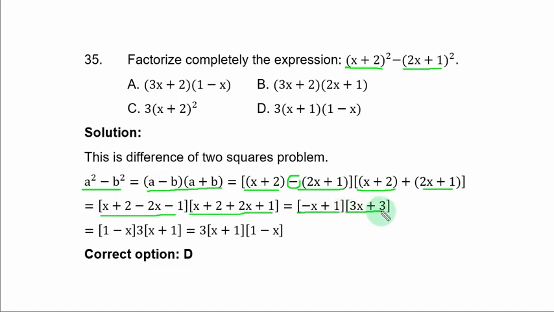If you stop here, the answer is not yet available. You continue the simplification process. We can interchange this to be 1 minus s. From the second group, you can factor out 3 and you have 3 into s plus 1. If you write this first, followed by 1 minus s. So D is the correct option.